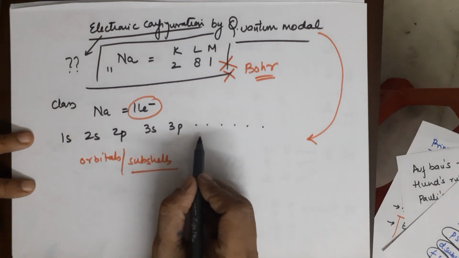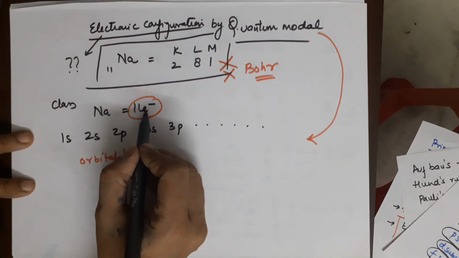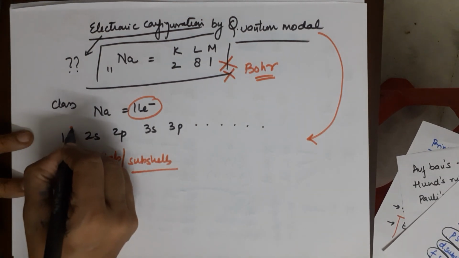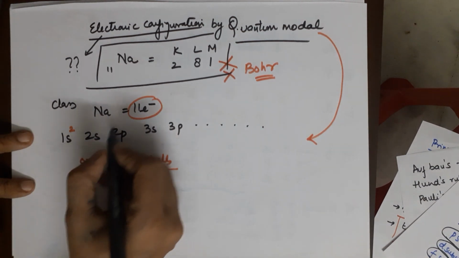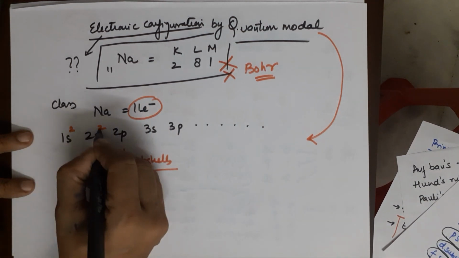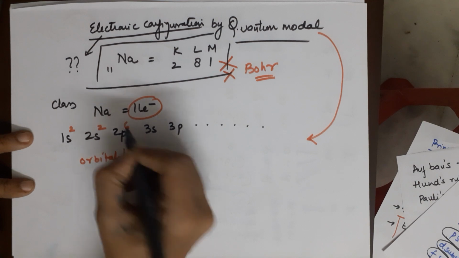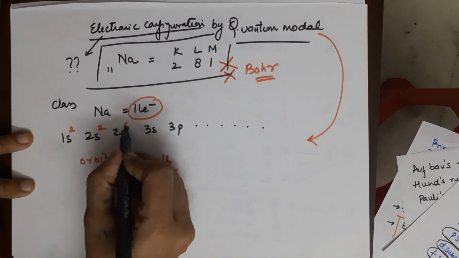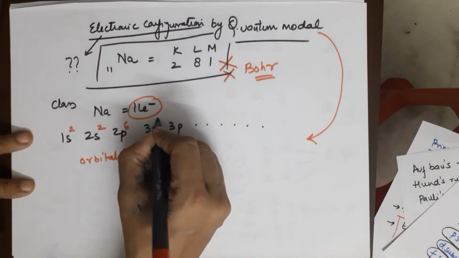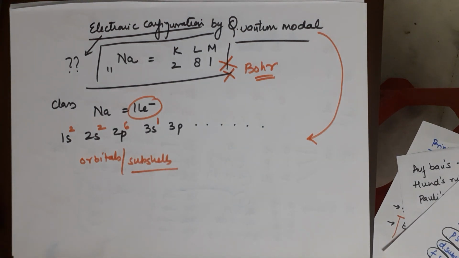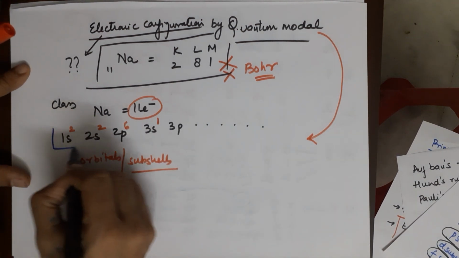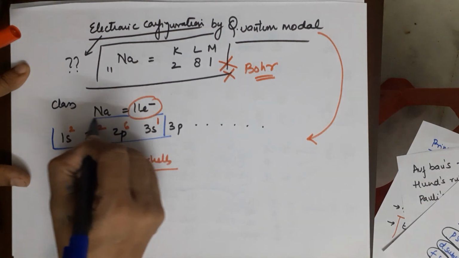So if I have 11 electrons, S has a maximum capacity of 2. So 2 electrons done, another 2 makes it 4 electrons. Then P has a capacity of 6, so makes it 10 electrons. You are left with just 1 electron and that is your electronic configuration now onwards for class 11th and 12th.